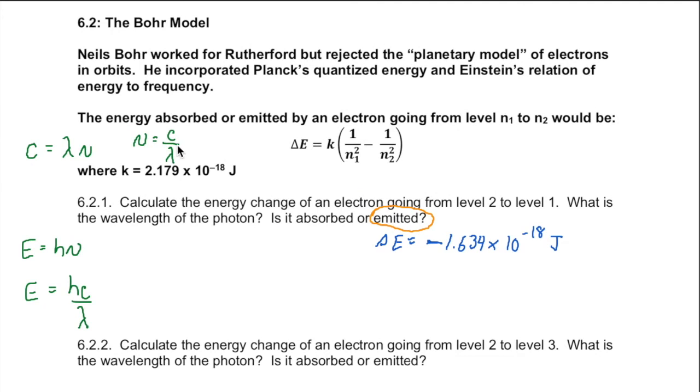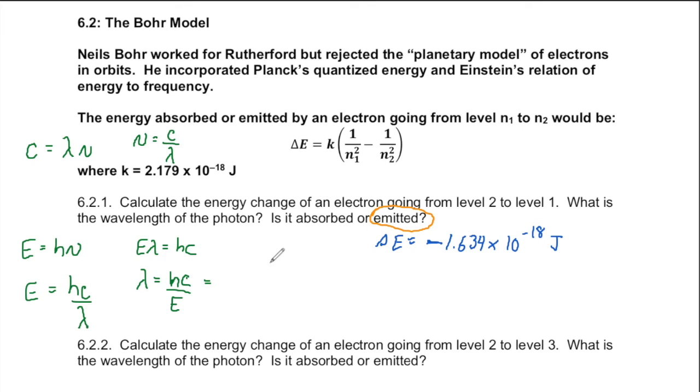So the frequency is the speed of light over the wavelength. We can replace that frequency in this equation with the speed of light over the wavelength. So we have E equals hc over lambda. To get the wavelength lambda alone, we can first multiply both sides by lambda and get E lambda is hc, and then lambda is hc over E.